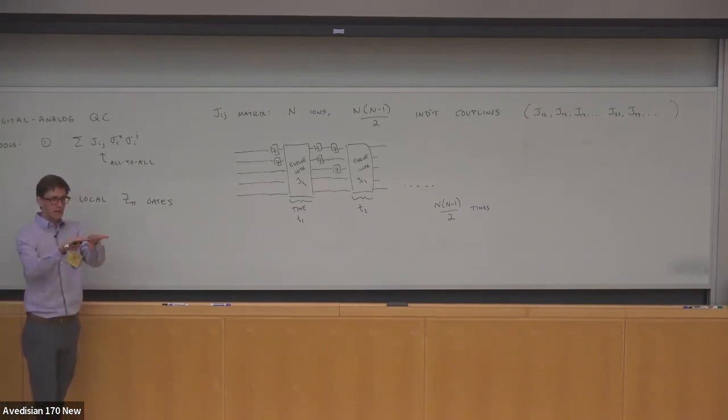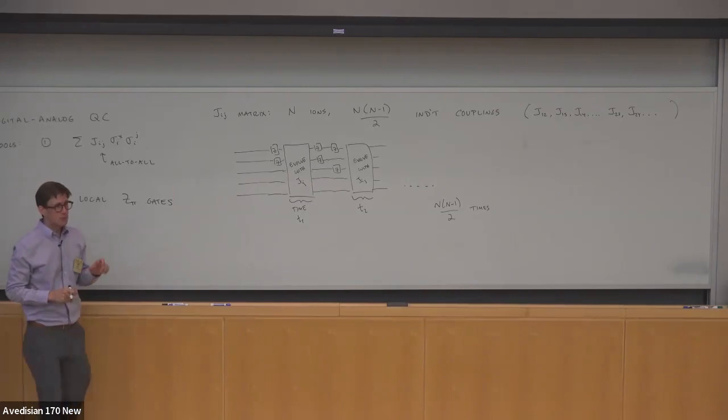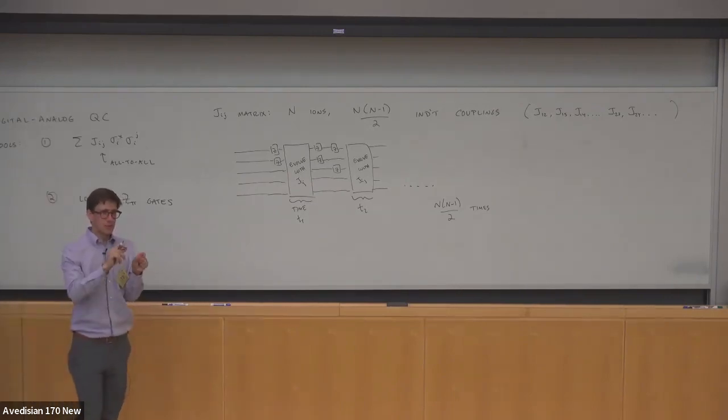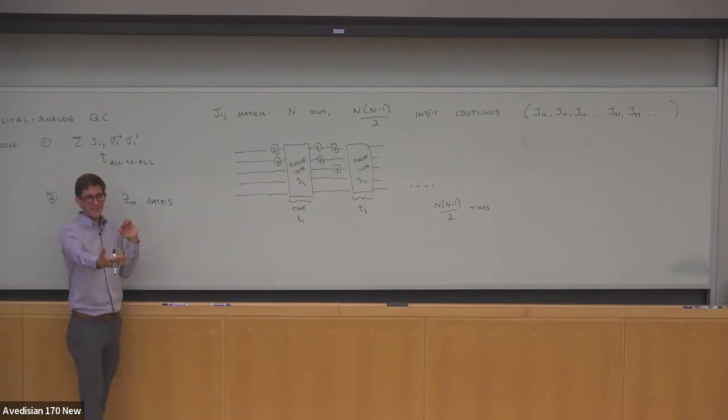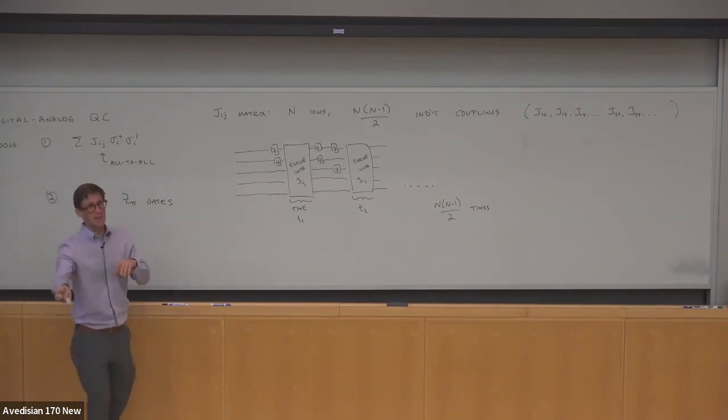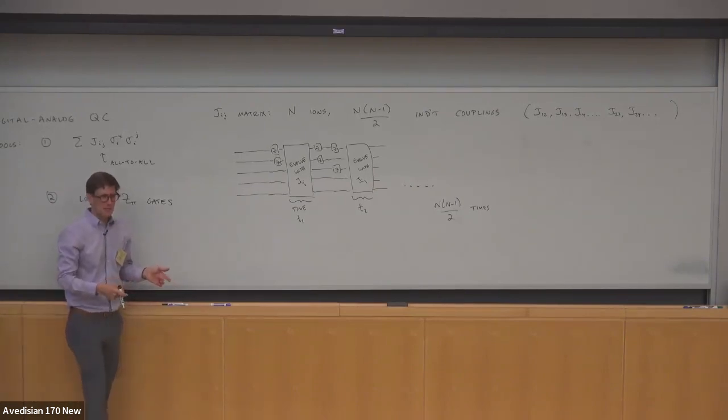Okay, so if you have no excitation along Y, then making a Y excitation there costs a lot of energy if you have a very strong Y magnetic field. So what that does is turns the XX model into a sigma plus sigma minus model. It conserves the number of excitations that you have. And if you then take XX plus very, very large B and say that that's equivalent to sigma plus sigma minus plus Hermitian conjugate, and then work that back into Pauli directions, you kind of magically get XX plus YY.